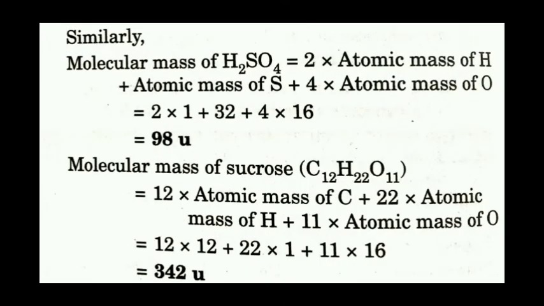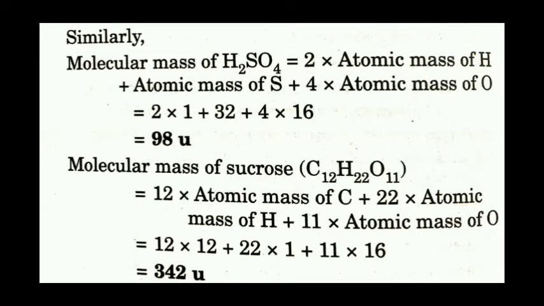The molecular mass of sulfuric acid H2SO4 is equal to 2 × atomic mass of hydrogen plus atomic mass of sulfur plus 4 times the atomic mass of oxygen. It will become equal to 2 × 1 plus 32 plus 4 × 16, which is 98 U. So the molecular mass of sulfuric acid is 98 U.